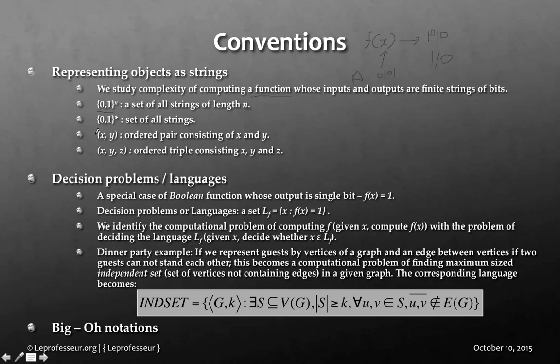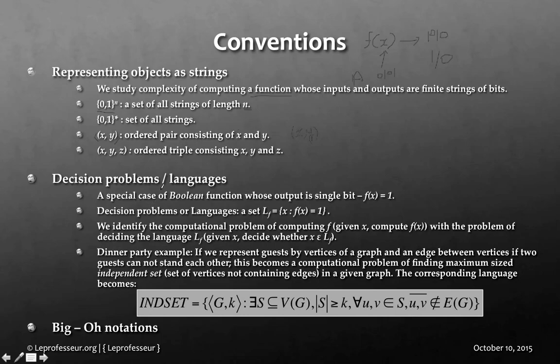And (x, y) is an ordered pair consisting of x and y, in some order. In the same way (x, y, z) is a triplet in some order. In the same way you can define 4-tuples, 5-tuples, or more.